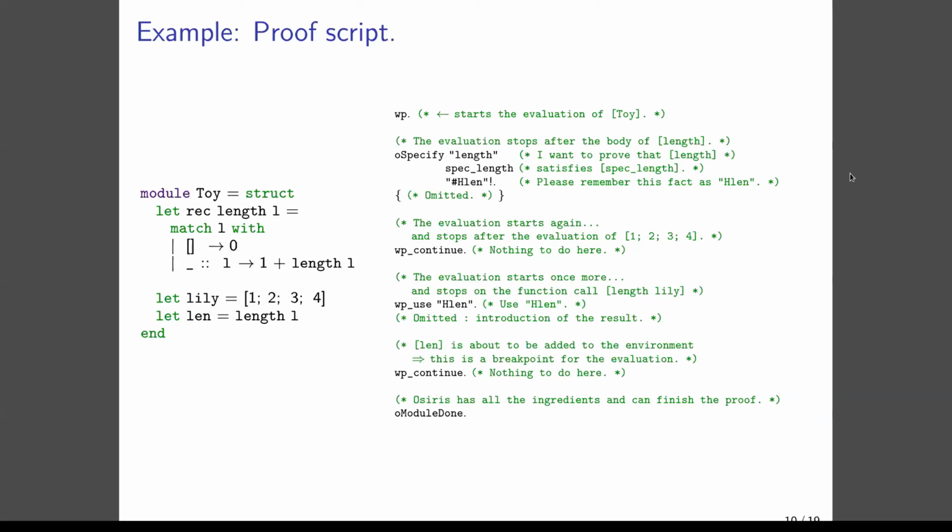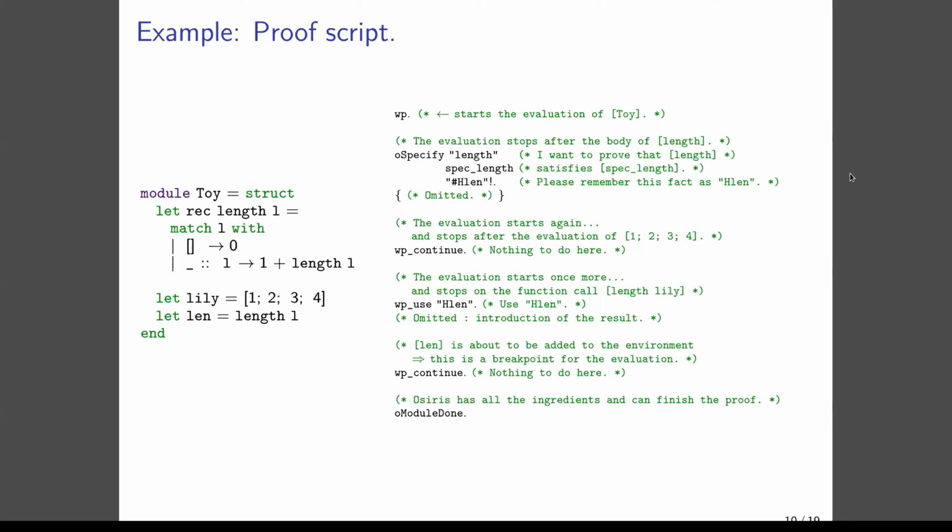It forgets its actual body, and the evaluation will just start again. Then it will stop when the list gets evaluated, so that we could potentially prove some specifications about this list. We don't want to, so we just use WP continue to ask it to continue the evaluation. And then we have a function called toLength, and we can use the aforementioned specification with WP use. Then the evaluation continues, and we are done.